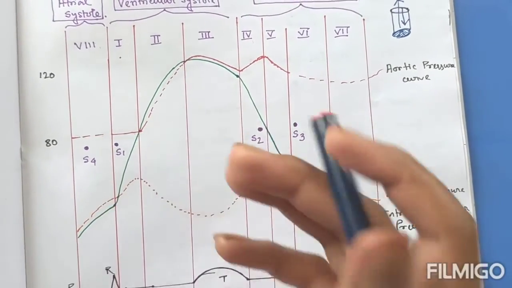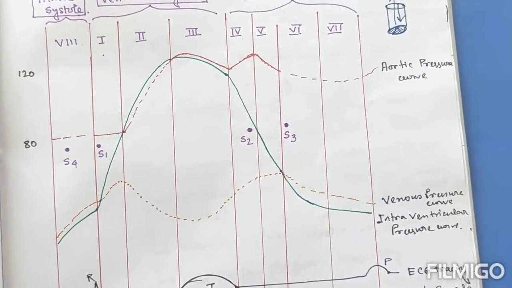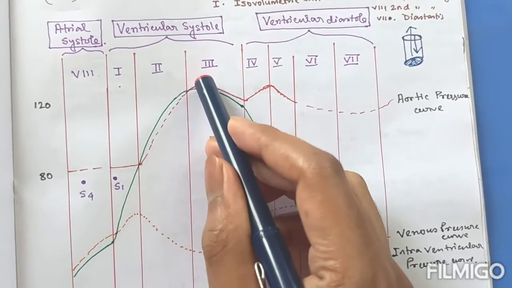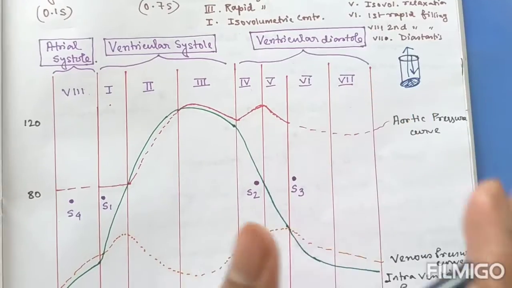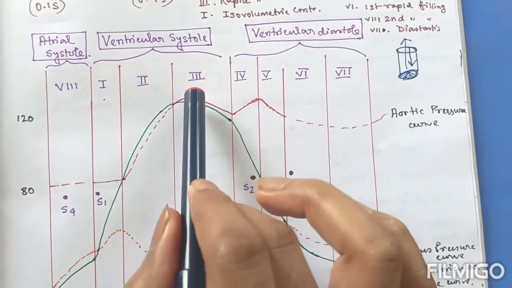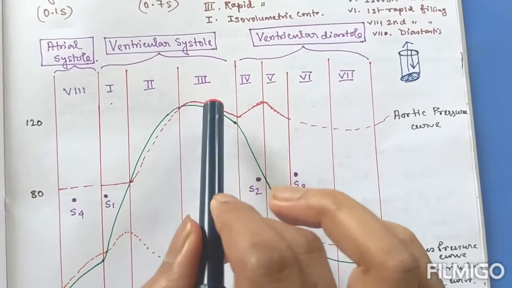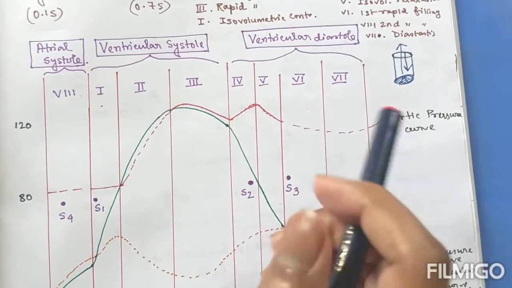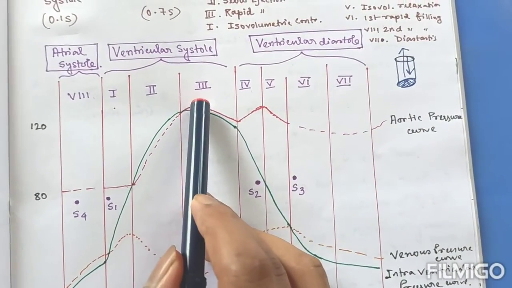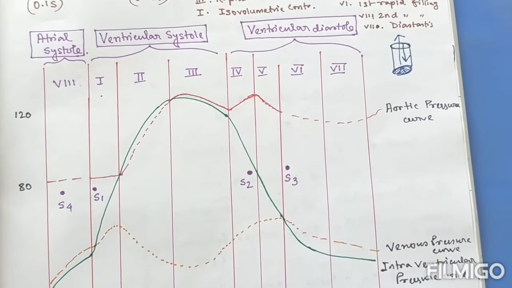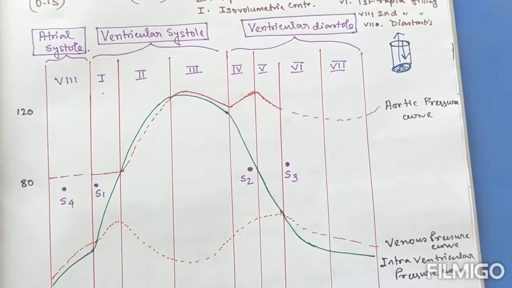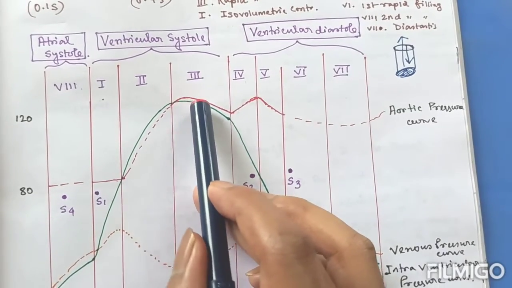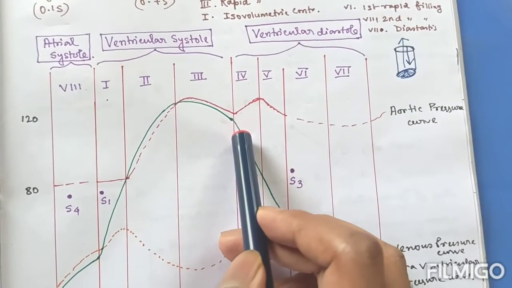Also blood is entering into the aorta from the left ventricle, and thereby aortic pressure is also rising in the midpoint of the ventricular systole, and it reaches its peak at the initiating point of rapid ejection phase. And then as the ventricle is going to be emptied, the aortic pressure curve and ventricular pressure curve both decline.